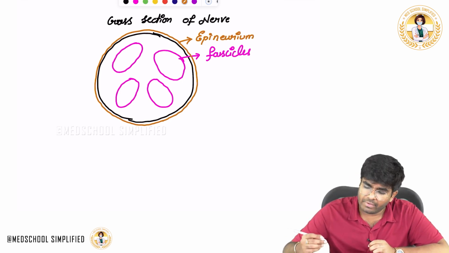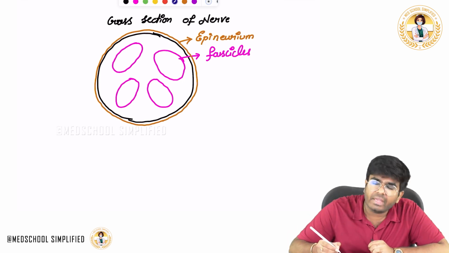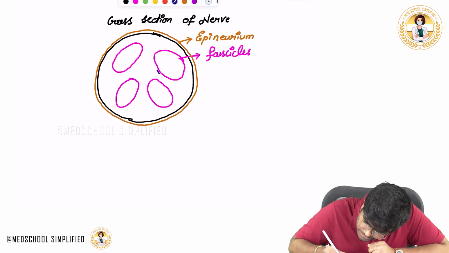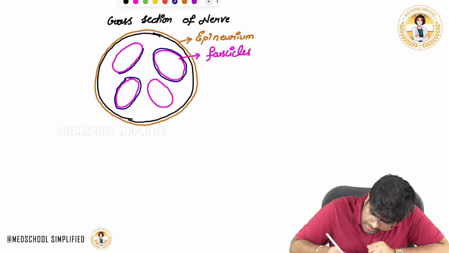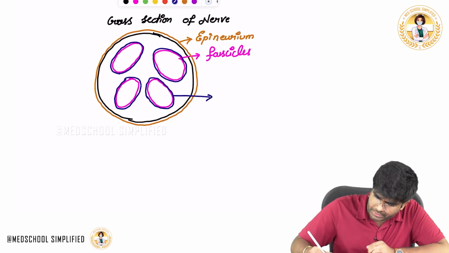Inside the nerves, what do we have? Fascicles. These fascicles also have a covering. They are also wearing their own dress. These fascicles are also covered by a connective tissue sheath. This connective tissue covering which I am showing you around the fascicles is called perineurium. So this blue color structure which I am showing here is perineurium.